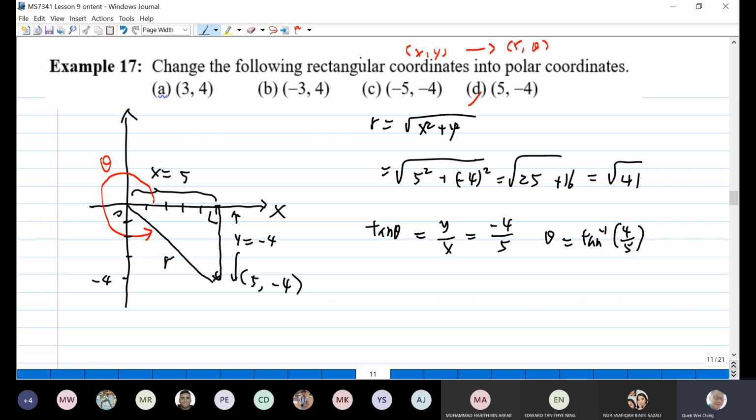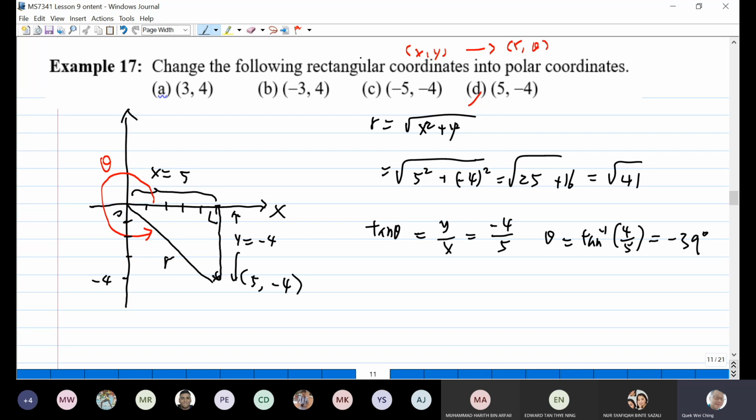Okay, so where is this angle now? If you follow the calculator, you get minus 39 degrees. But we don't want this angle negative. We want the angle from 0 to 360, right?